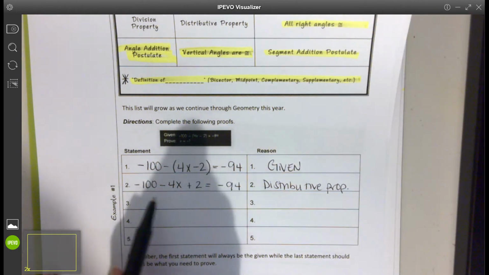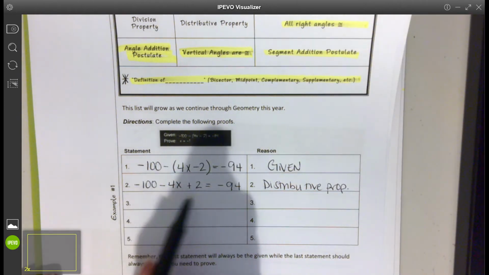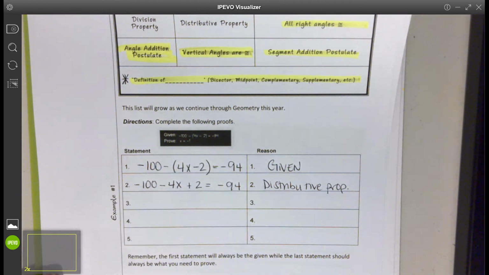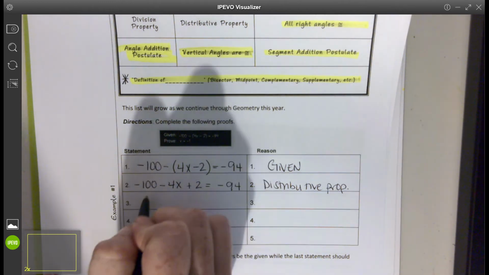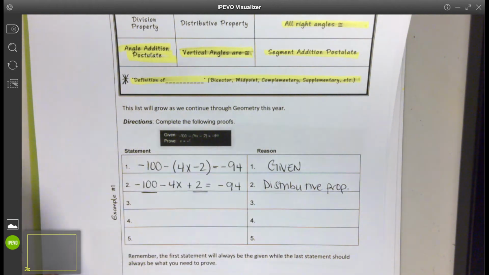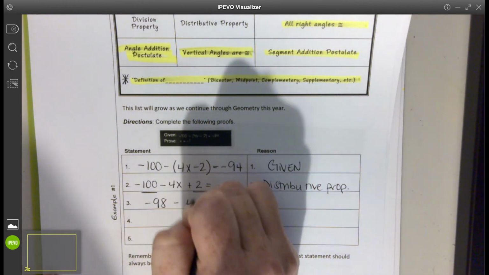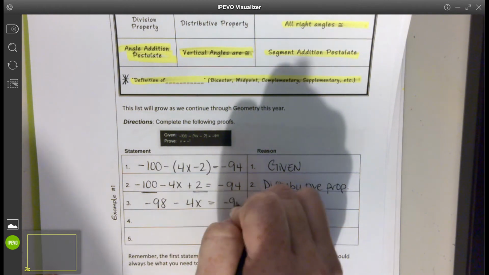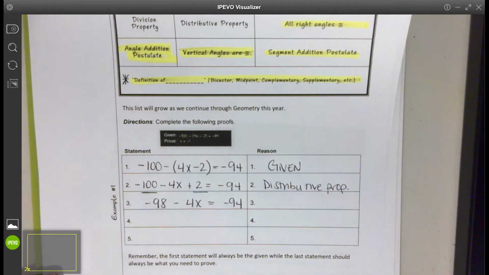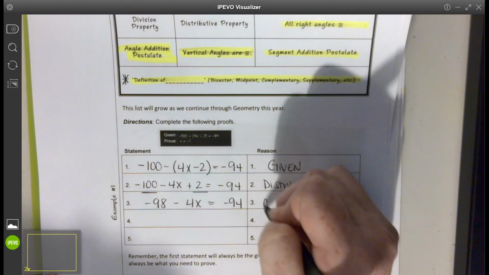Okay. The next step I can do on the left-hand side, we want to clean this up. So I am going to combine like terms. So here I have negative 98 minus 4x equals negative 94. Again, my reason for writing that is because we combined like terms.